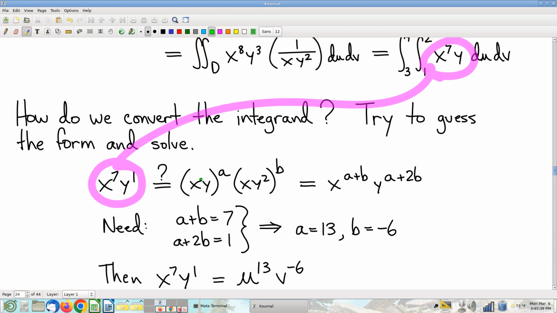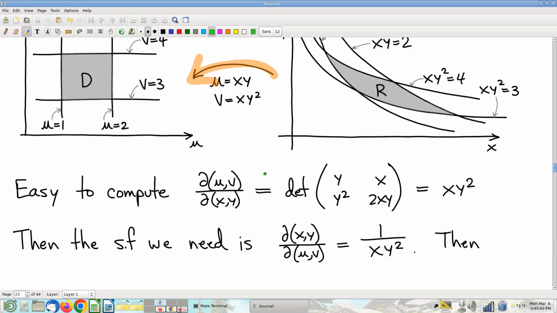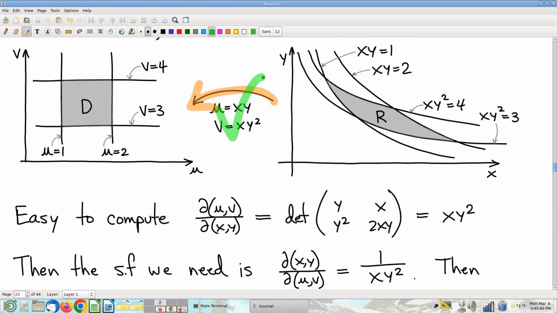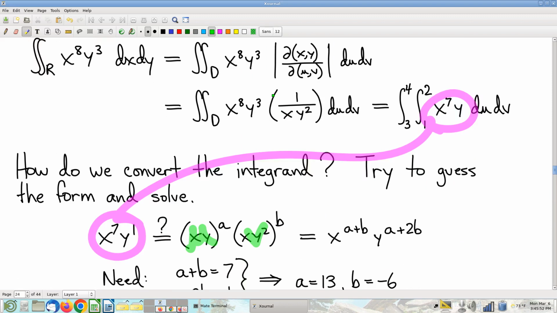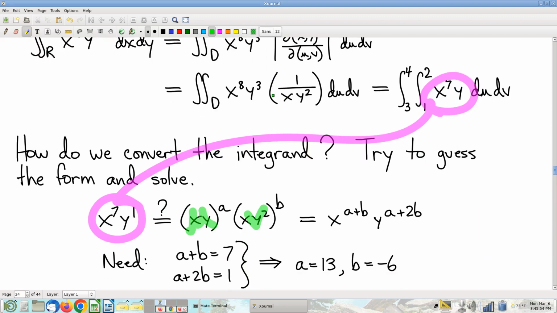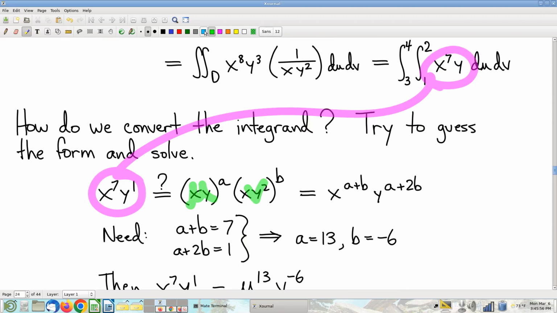And these things here, what I'm calling u and v, are literally the change of variables function that I already set up in order to make my domain work out well. So this is what I have and what I want already arranged. What remains is to figure out the relationship between them, and that's why, because they're products of powers, I guess this form. Yeah. All right.